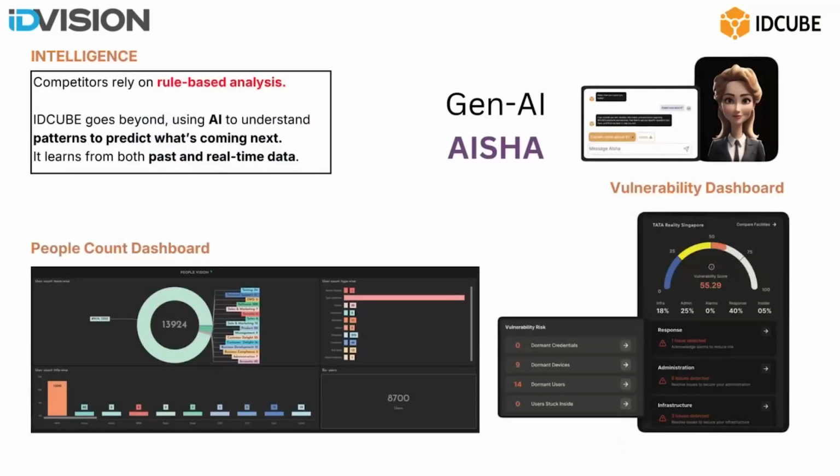So on the intelligence side, these are just some of our dashboards. On the left-hand side, you can see the people count dashboard. Here it's giving you a total count of all of your users, and it's able to have this intelligence because it integrates with all of the devices on one platform.